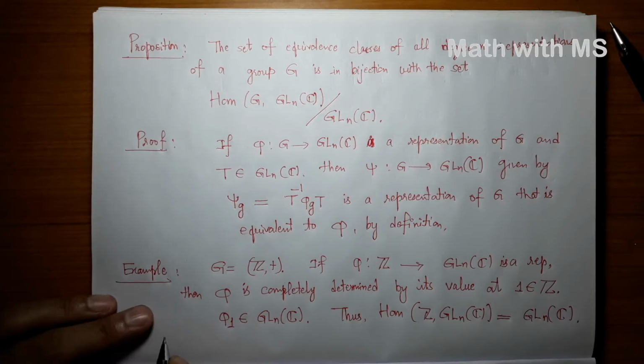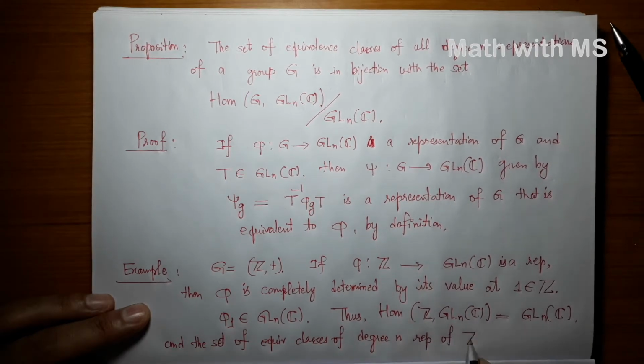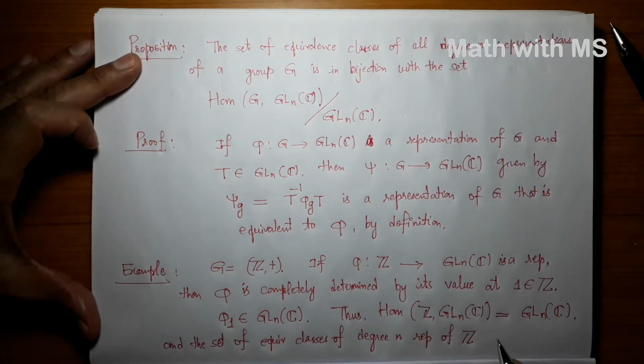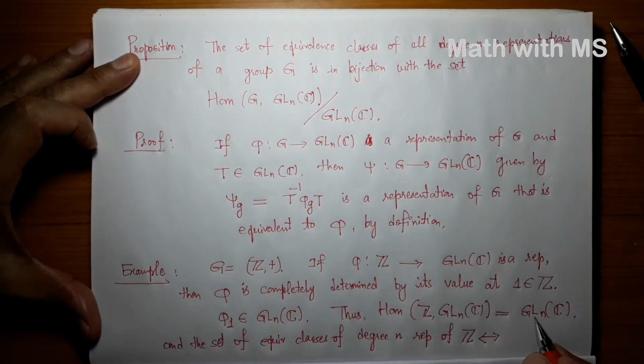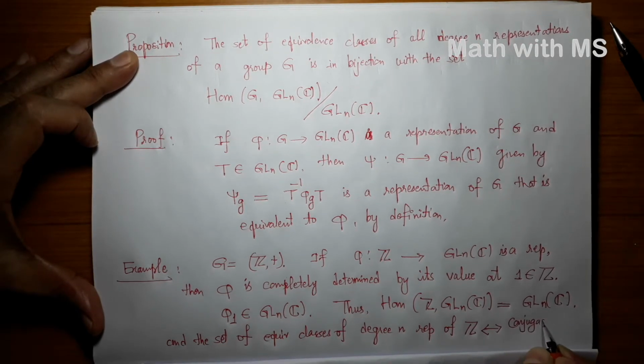So the set of equivalence classes of degree n representations of the additive group of integers is in bijection with the conjugacy classes in GLnC.